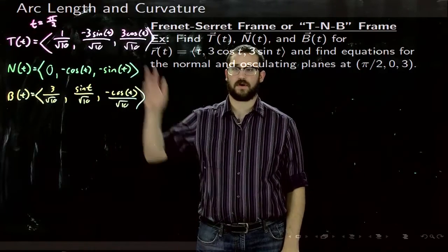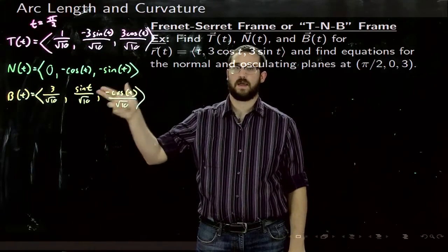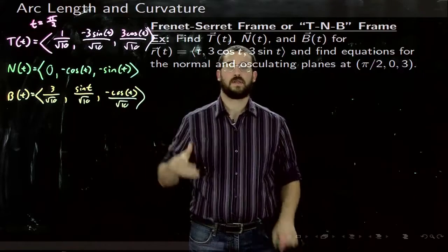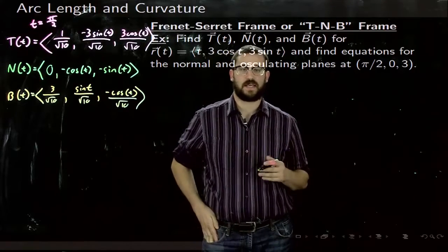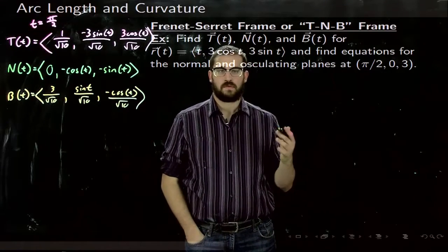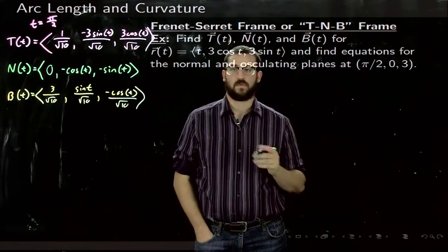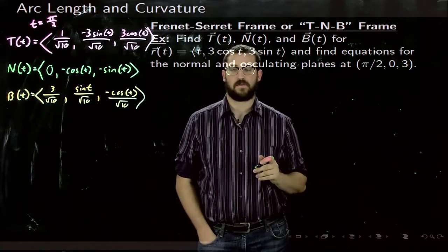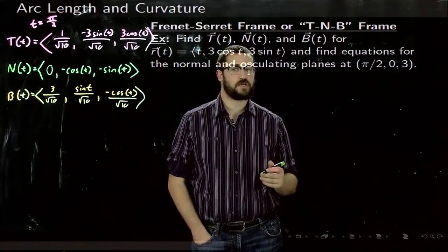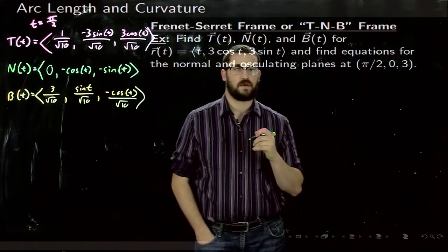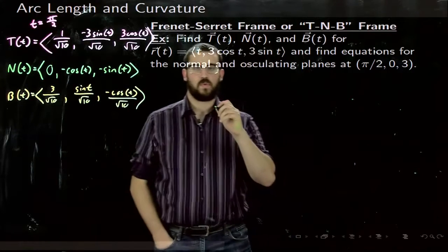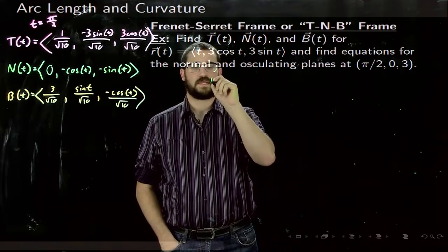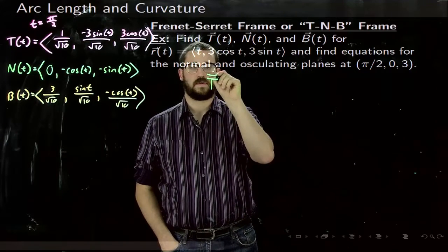So now we found our tangent vector, normal vector, and binormal vector. So let's find the normal and osculating planes. Now, at this point, remember we found t equals pi over 2. So which ones do we need? For the normal plane, we're going to need the tangent vector, right?